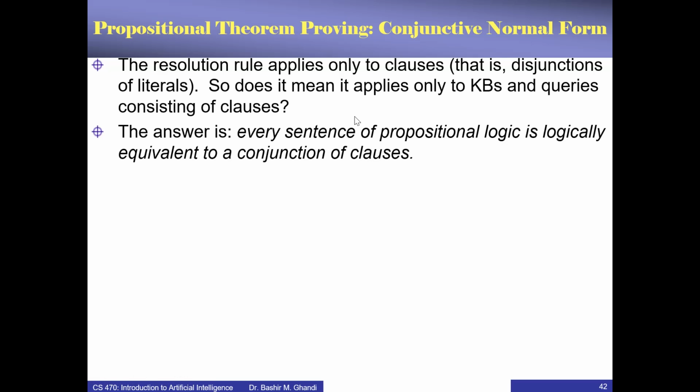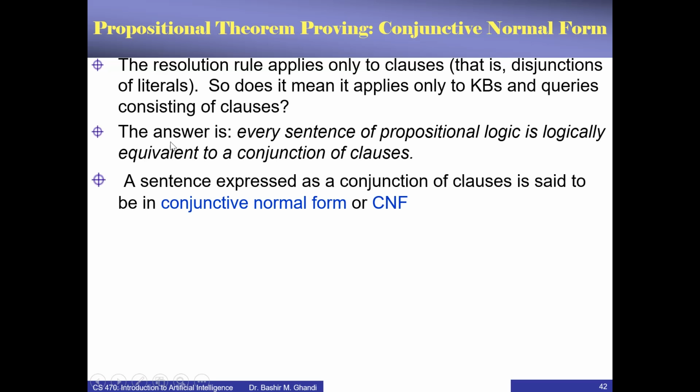The answer is that every sentence of propositional logic is logically equivalent to a conjunction of clauses. So we can convert any sentence to a conjunction of clauses, and therefore we can apply the resolution rule. A sentence expressed as a conjunction of clauses is said to be in conjunctive normal form, or CNF.